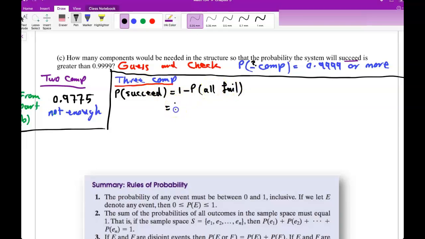Since we have 3 components, now we have 1 minus 0.15 to the 3rd power. And that is 0.99663. Again, it is not enough.